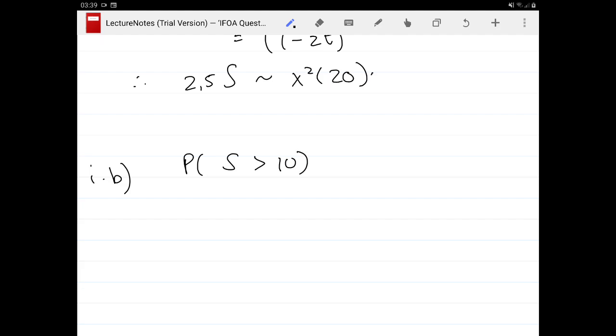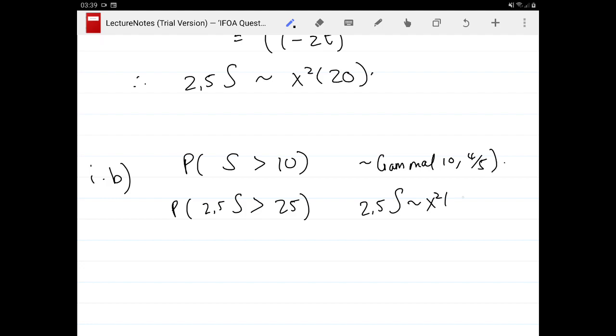Okay, so we could use a gamma distribution here, where we've got 10 and 4.5, but our tables don't really have gamma distributions of 10 and 4.5. They do have chi-squareds, so we can write this instead as a chi-squared probability where we've got 2.5 times S is greater than 2.5 times 10, so that's going to be 25, where 2.5S is chi-squared with 20 degrees of freedom.